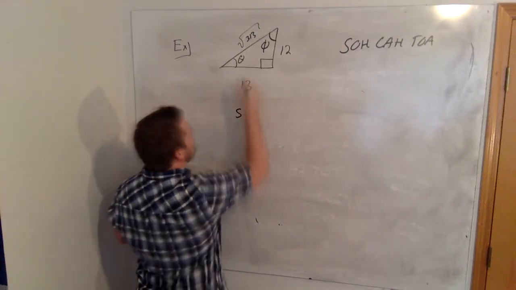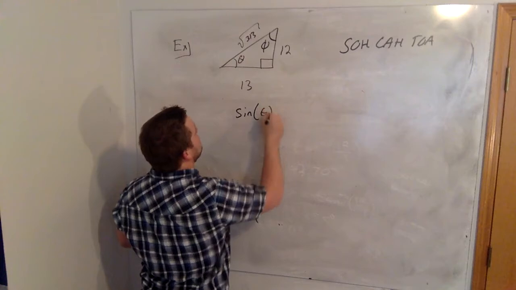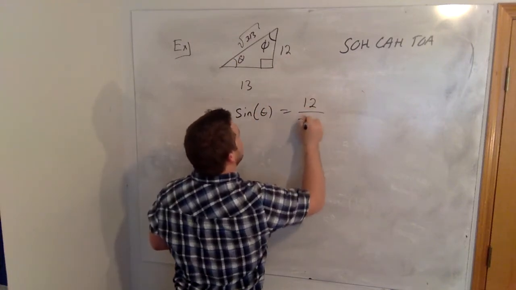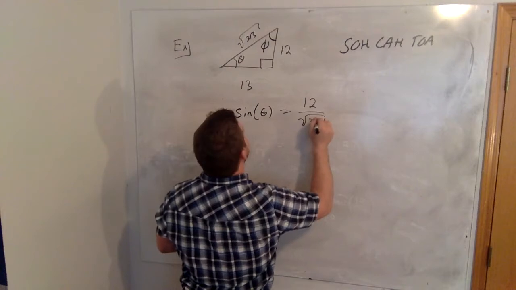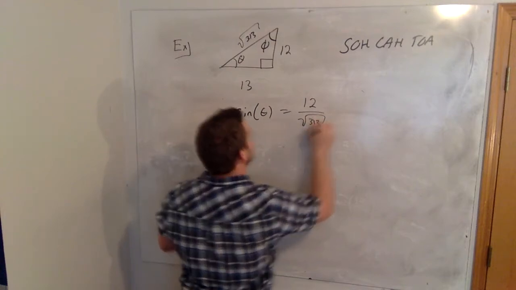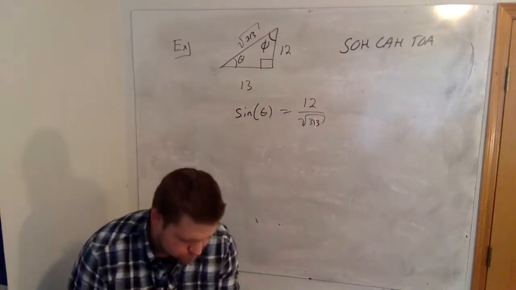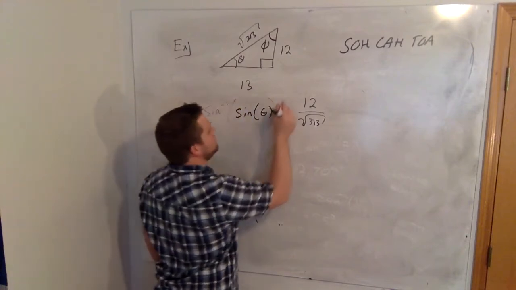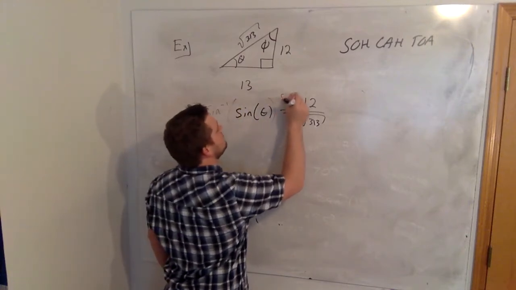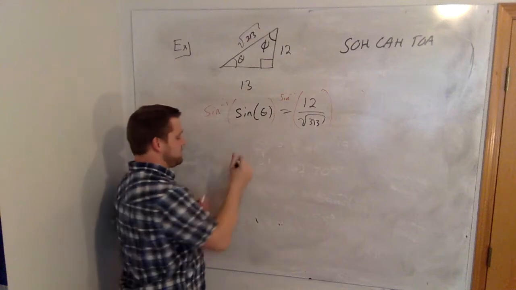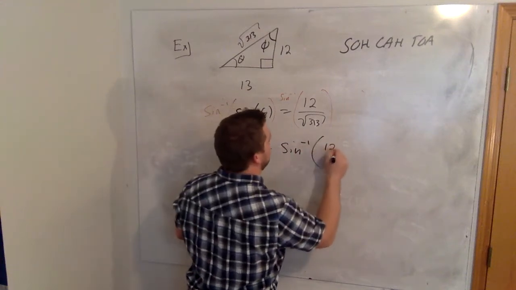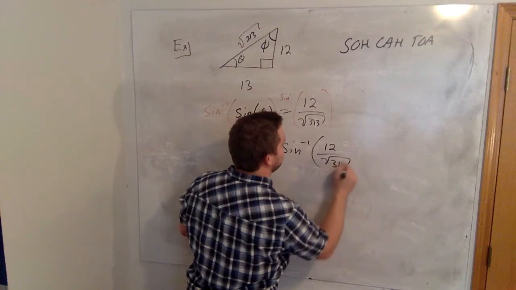Sine is opposite over hypotenuse, so sine of theta is 12 over root 313. Then you could apply the inverse sine, or arc sine, to both sides. So theta would be the sine inverse of 12 all over the square root of 313.